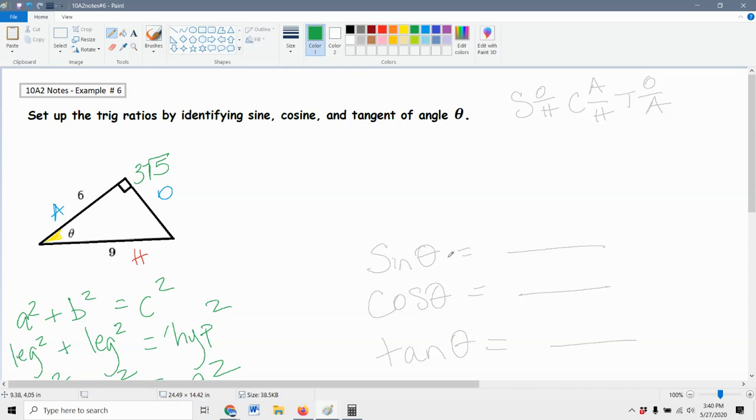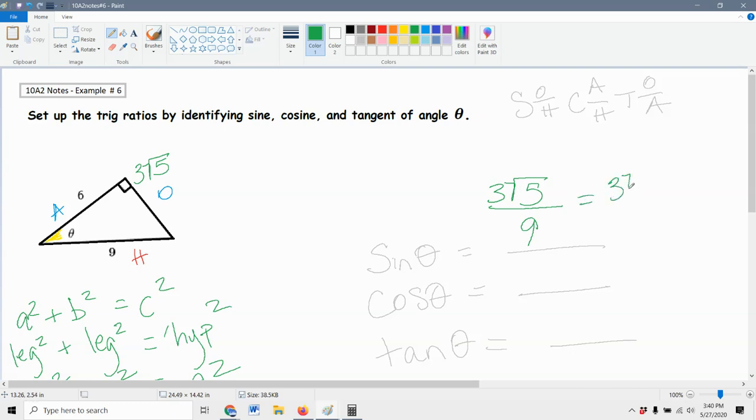Okay, the sine of theta is the opposite side over the hypotenuse. Here we've got the opposite side, which is 3 root 5, over the hypotenuse, which is 9. Now we can see here that we can simplify this. We have a 3 on top and a 9 on the bottom. That means that we can cancel the 3 with one of these.